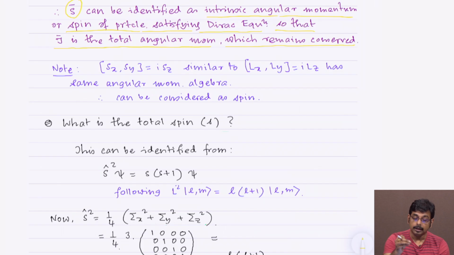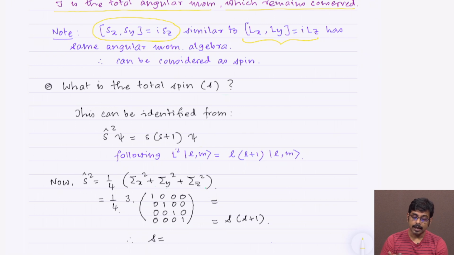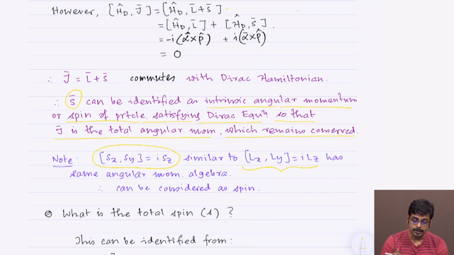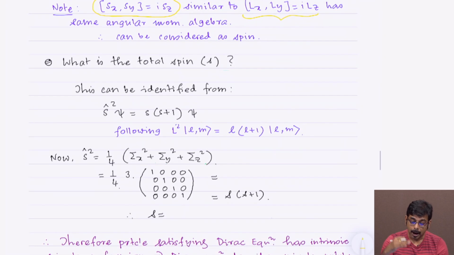Once again, the rationale behind choosing the specific form of the intrinsic angular momentum with sigma followed from the same algebra which orbital angular momentum follows, and that you should explicitly check. Now the question we would like to ask is: if we have said that this S we have constructed can be identified as the intrinsic angular momentum or spin of the particle which satisfies the Dirac equation, then what is the total spin S that we can derive from here?